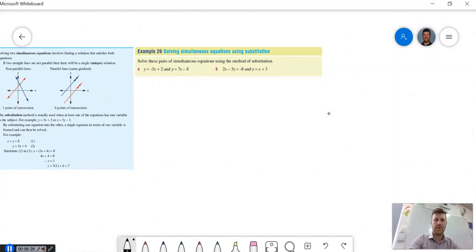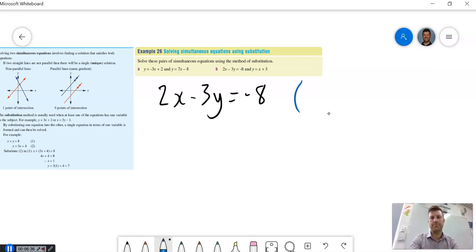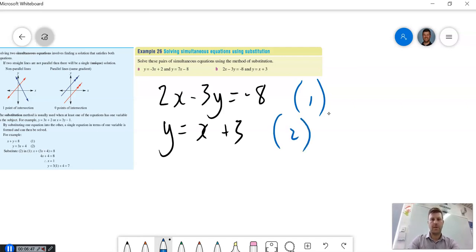So, start again with equation 1, 2x take 3y equals -8. That's equation 1. And y equals x plus 3 is equation 2. Again, I'm going to substitute equation 2 into equation 1.